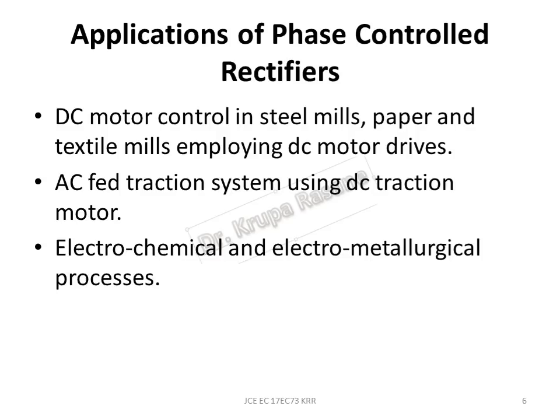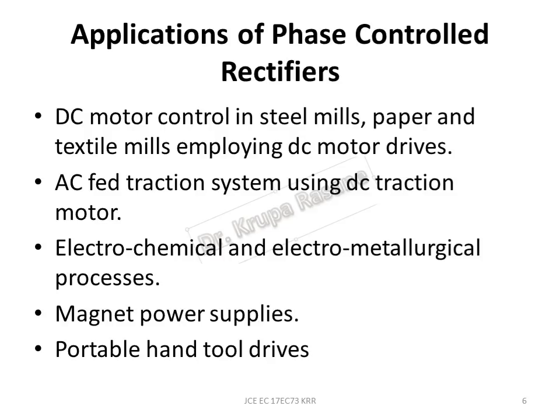Electrochemical and electrometallurgical processes, magnetic power supplies, portable hand tools, tool drives, etc. Most of them are DC drives, and these DC drives need to be variable. Hence, phase controlled rectifiers can be used.